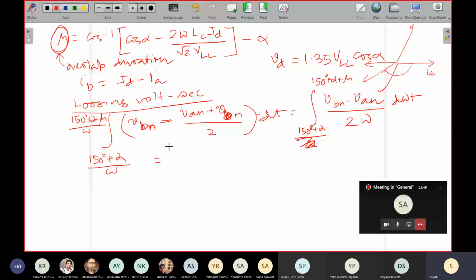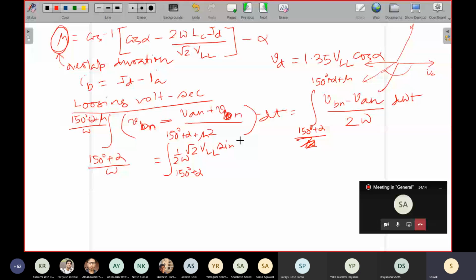This is equal to the integration from 150 degree plus alpha to 150 degree plus alpha plus mu of half, root 2 VLL into sine of omega t minus 150 degree, d omega t or d theta.